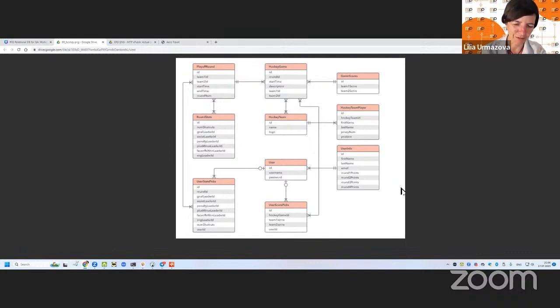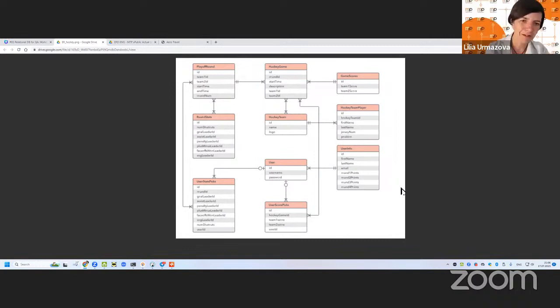From user score picks by hockey game ID, we go to hockey game. And in the hockey game, if we will have the foreign key to game scores, we could get the information from game scores. Did you catch my idea? I hope. Yes.